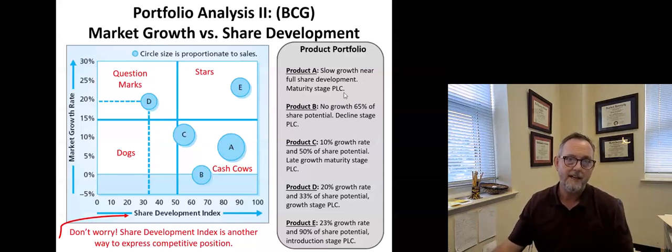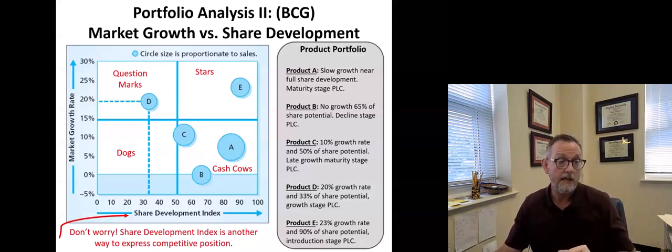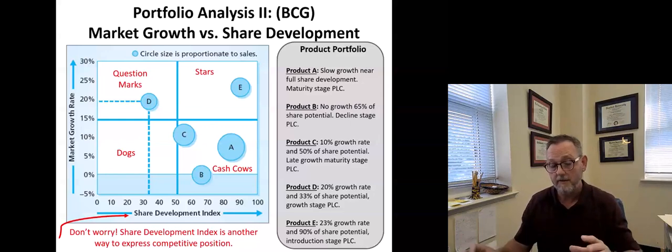So product A then is in that category: slow growth, near full share development, maturity stage of the product life cycle. B is one of those products that is rapidly going to become a dog, probably, once you start divesting. Now, you haven't started divesting. You haven't started harvesting. You haven't started withdrawing funds from that, diverting funds from that product to others.